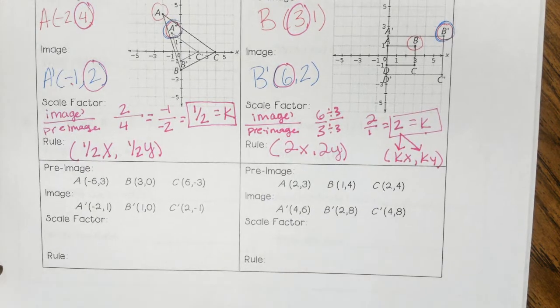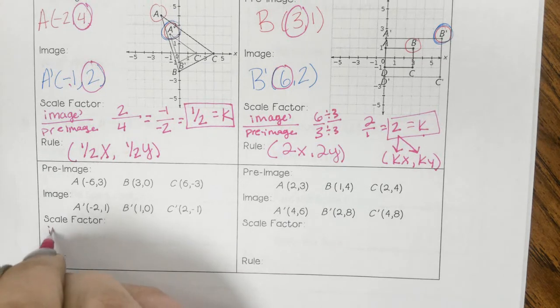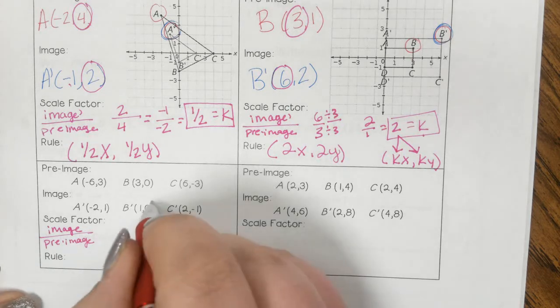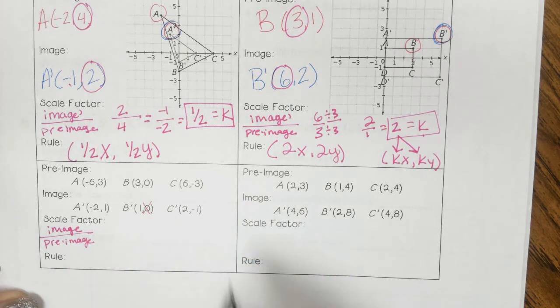In these last couple of examples, they've actually taken away the graph and they've only given us the ordered pairs. So some of the hard work is actually already done. We're going to start setting up the scale factor. That's image over preimage. Picking a number for my image, as long as I don't pick 0, I'm okay.